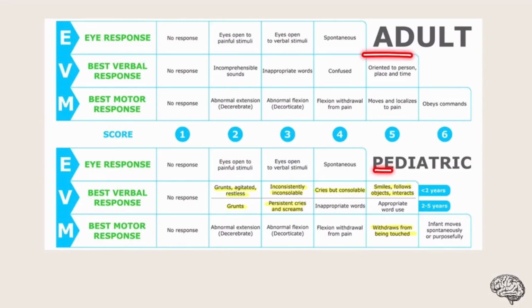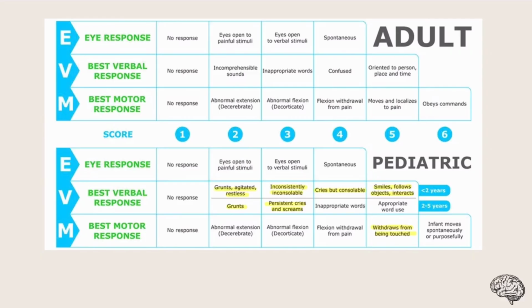Adult and the pediatric GCS have all the same components for the eye response and almost all the same components for the motor response, only differing at the fifth point, where an adult would localize to pain, but the child, as normal children behave, would withdraw from being touched. Now, let's look at the differences in the verbal component of the pediatric GCS differing from the adult component.